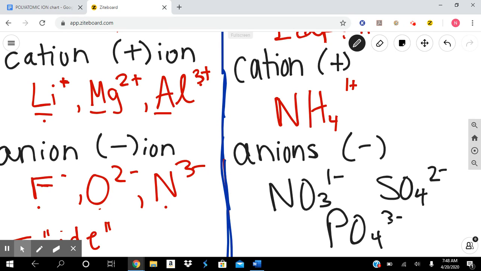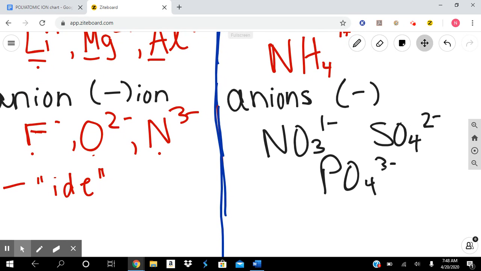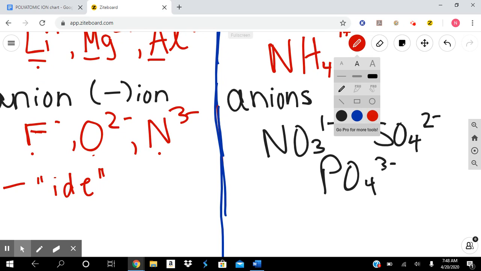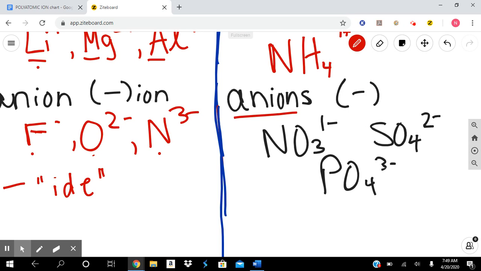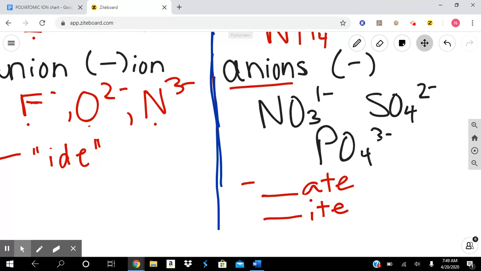And these are all polys because you see I'm writing more than one capital letter and I'm writing some numbers with them too. A difference between a monoatomic anion and a polyatomic anion are the endings. These guys end in ate. They end in ite. And they also end in ide. So their endings are a little bit different.